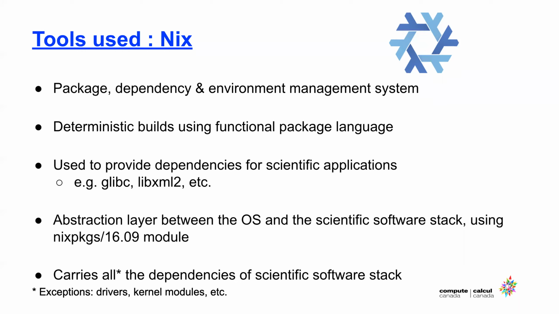When you install something, it will always install it in a directory that is a hash of the recipe and of the dependencies. It will not overwrite anything that was installed before, so you can go back in time and you are sure that if you have the same hash, you have exactly the same build. So we use that to provide the dependencies, so glibc, libxml, the kind of thing that you would install in the OS.